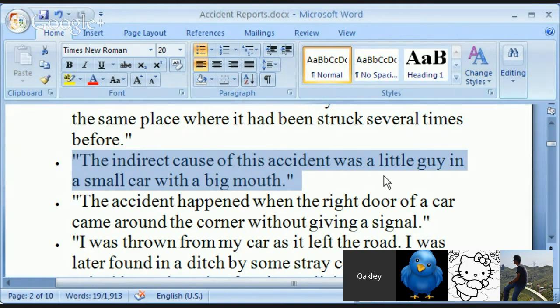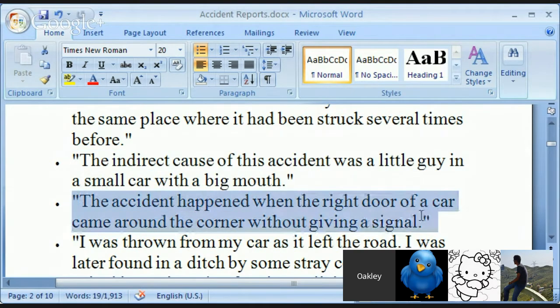Okay. All right. Heidi, see if you can figure this one out. "The accident happened when the right door of a car came around the corner without giving a signal." Uh-huh. Okay. What do you think actually happened here?